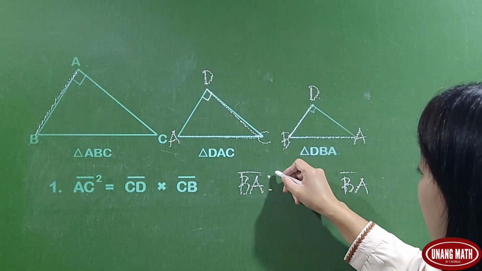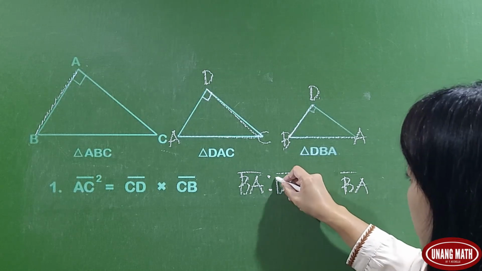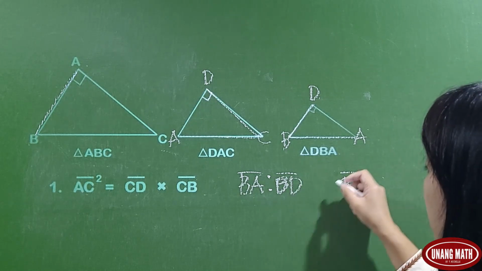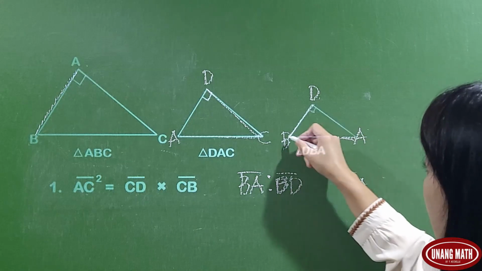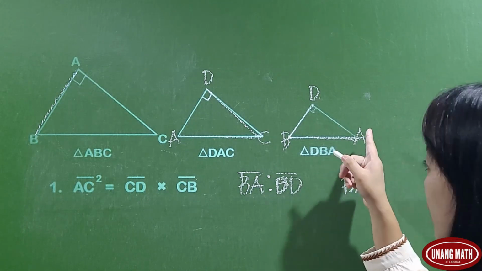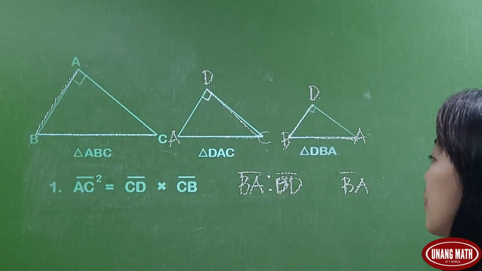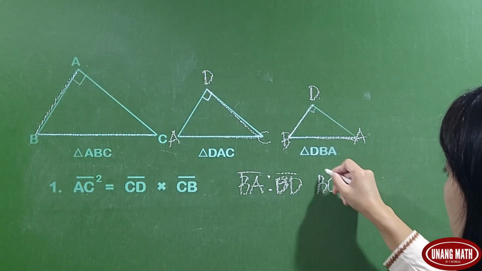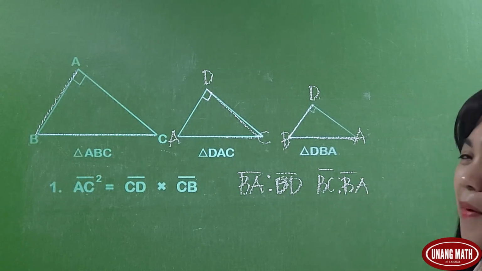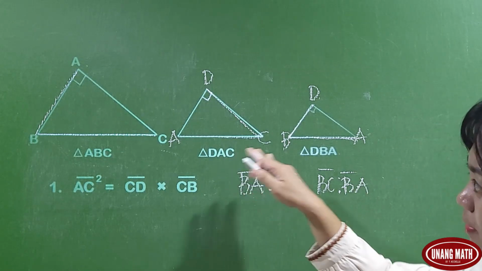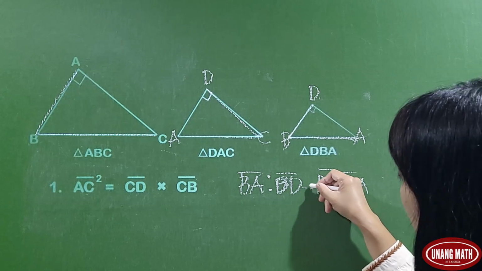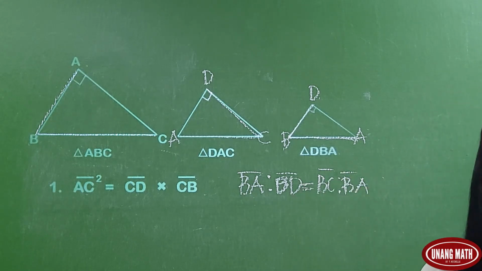So BA is to BD. What about here? This side of this right triangle corresponds to this side of this right triangle. So it's BC. So segment BC is to segment BA. And take note, these are similar figures, so equal.